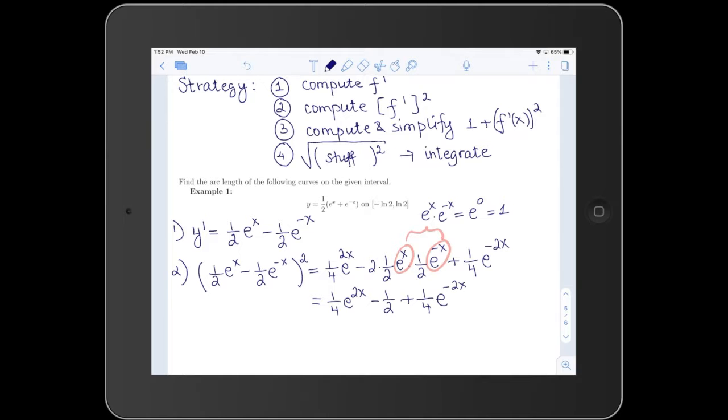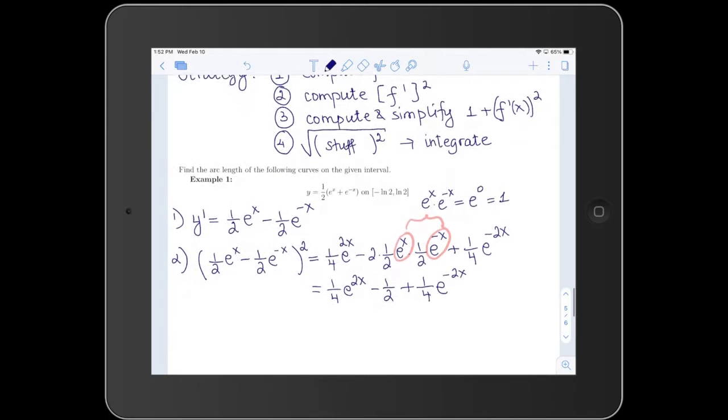Okay. Then we need to add 1 to this, right? So next step, 1 plus this expression. Okay, so what do we get? 1 minus 1/2, that's going to be positive 1/2.